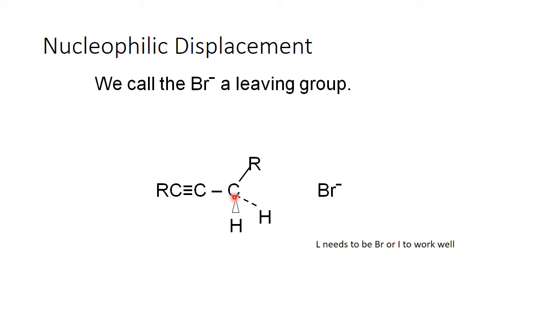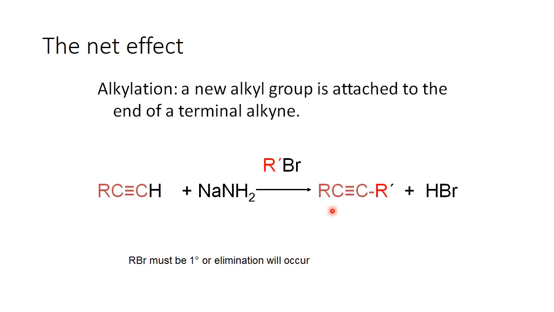If you have a secondary carbon, or if your leaving group is not very good, what you're going to get is elimination occurring instead. The net effect is that you add this carbon chain to a substrate.